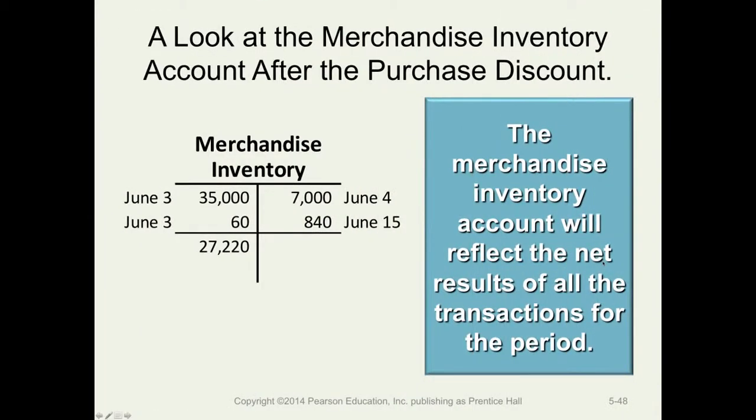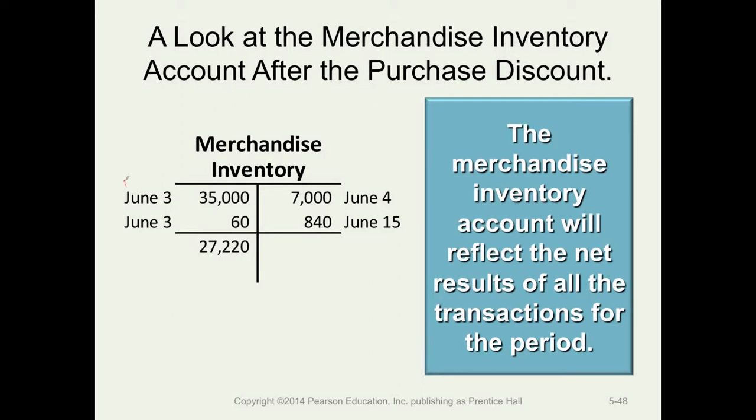And right now, the inventory account is equal to $35,000 original acquisition price plus the freight minus the return and minus the purchase discount. So the inventory account will reflect the net results of all of the transactions during the period.